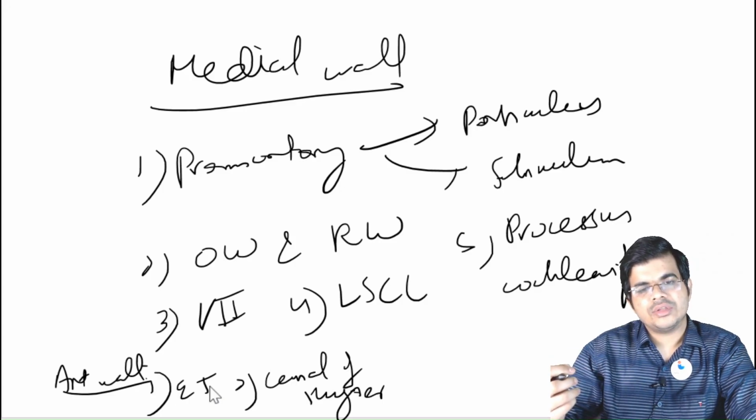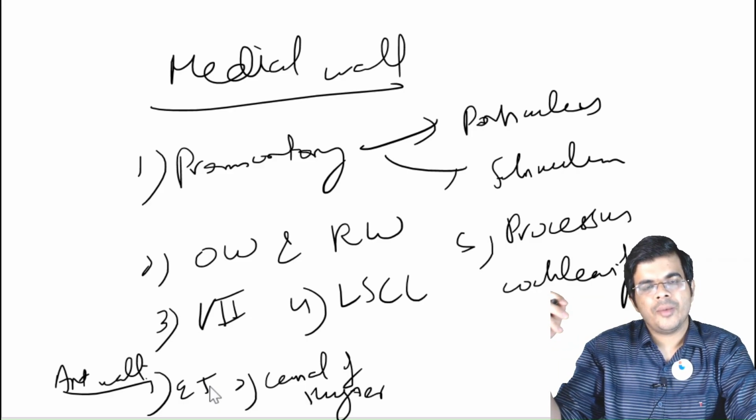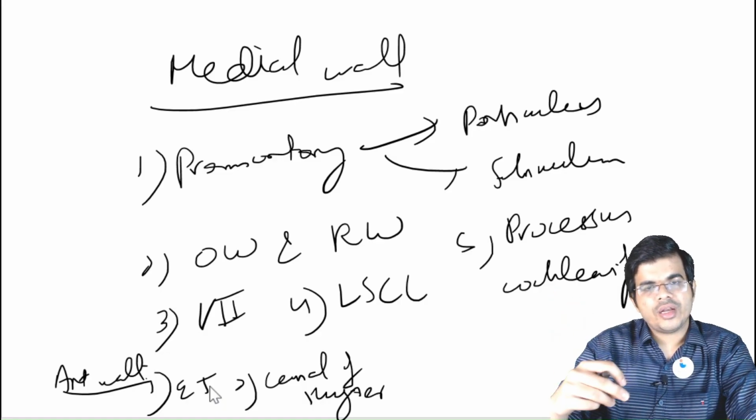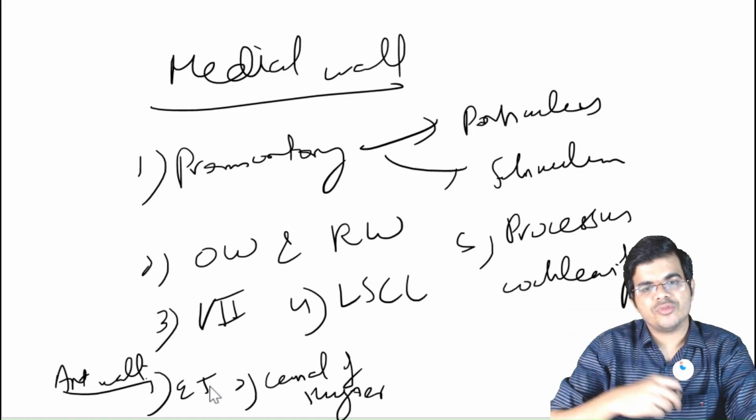This canal of Huguier is in fact a part of the Glaserian fissure, and in the Glaserian fissure you have the anterior malleolar ligament. It is through this canal, the anterior canaliculus, that the chorda tympani nerve comes out of the middle ear and goes on to supply the anterior two-third of the tongue.